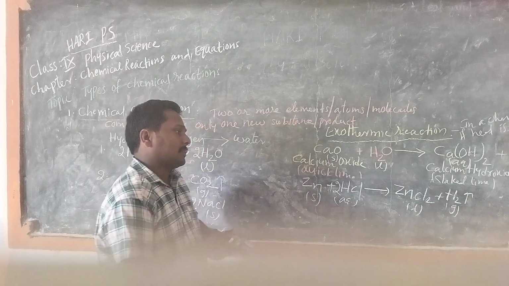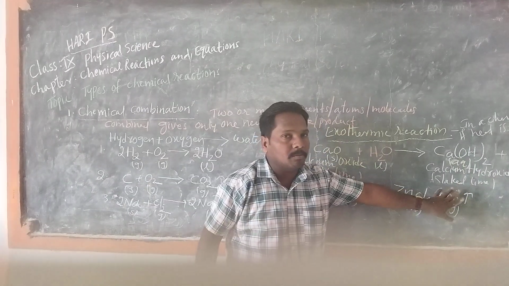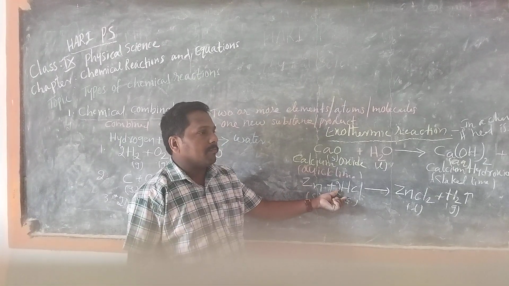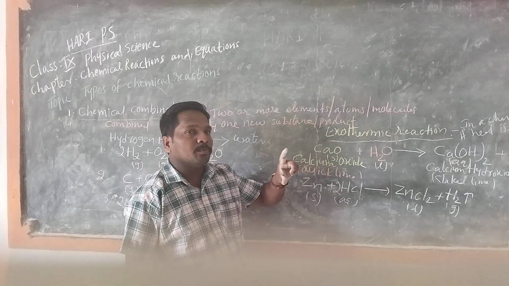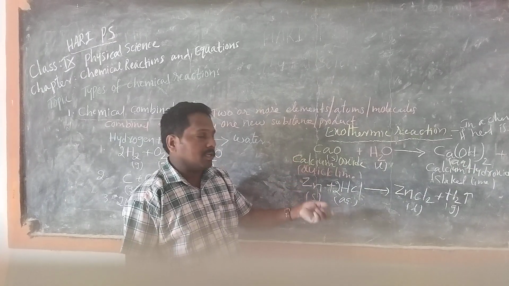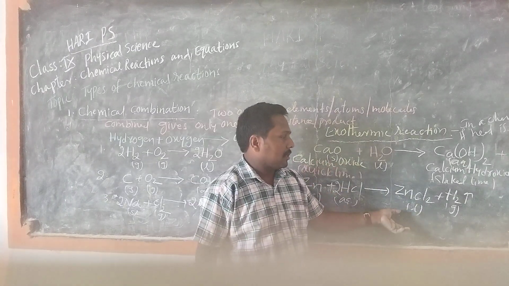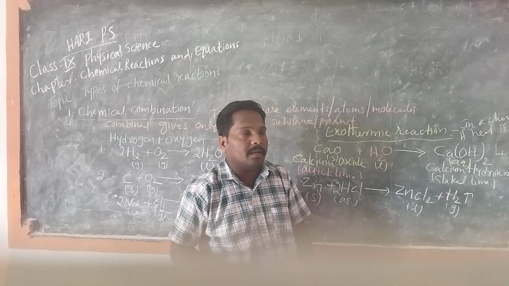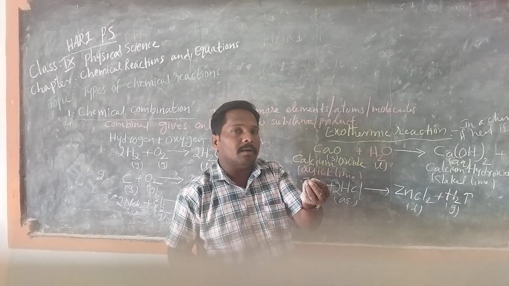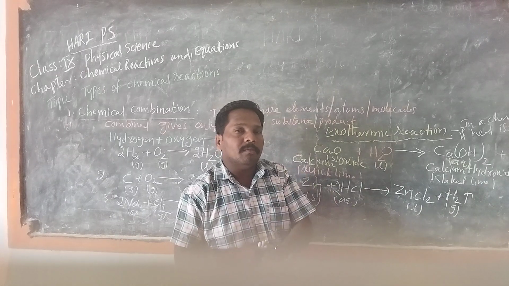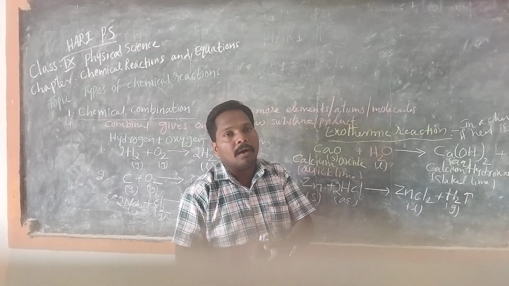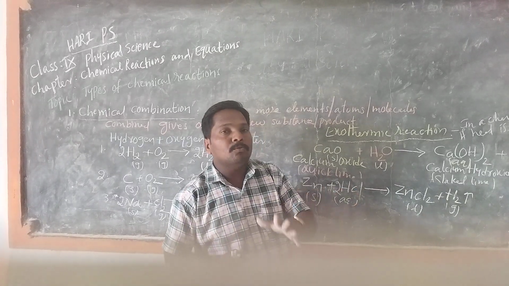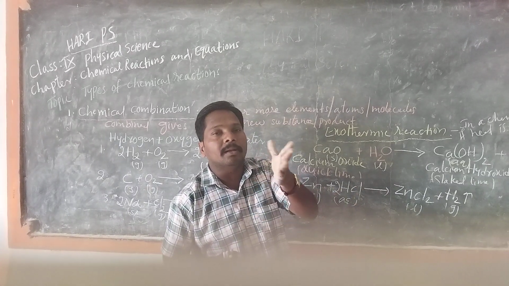In this reaction, if you take dilute hydrochloric acid in a test tube and drop in a small piece of zinc, then during the reaction, when you touch the walls of the test tube or the bottom of the test tube, you can feel it is hot, warm. This means in this reaction some amount of heat energy is liberated.